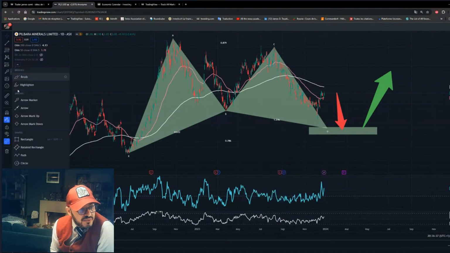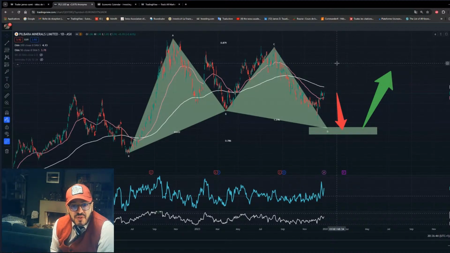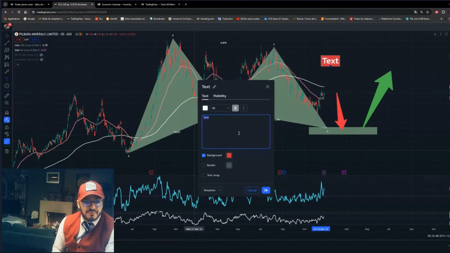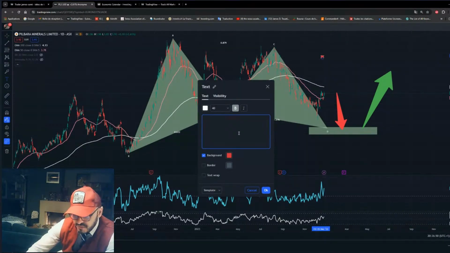So I'm going to write for you, guys, here, gauntlet. Gauntlet is a strong harmonic pattern also. So don't underestimate harmonic patterns, Ichimoku, etc., and Wolf Waves.